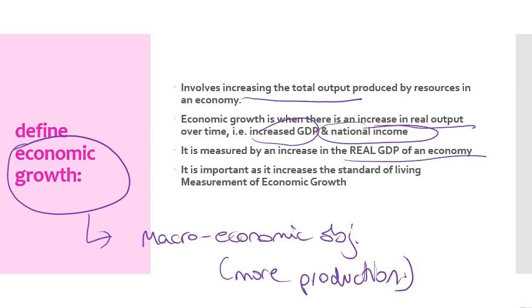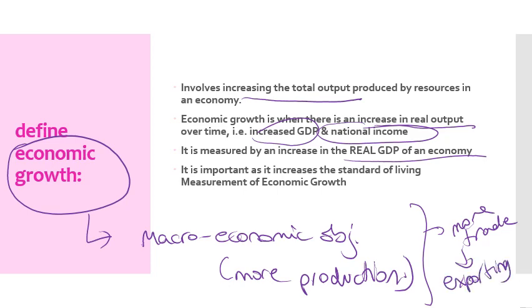So, for example, the more growth there is in a country, the better the country is. When the country is better, it means we would be having more trade with other countries, so we would be exporting more, and at the same time, more money would come into the country. So obviously, the standard of living of the people would become better.